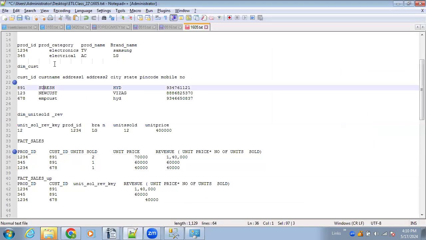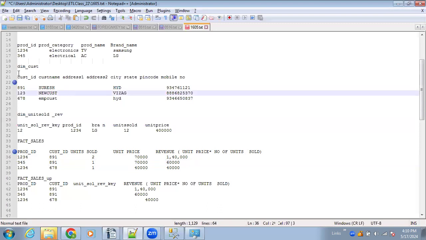The dimension, the same product, the TV AC price got updated, right? I'm going to update the AC price. Earlier, the unit price of the AC, AC 345, was 60,000. Now the same product, same brand, I will be charging at 70,000 because of the peak summer. I can change the price, so it will grow rapidly.